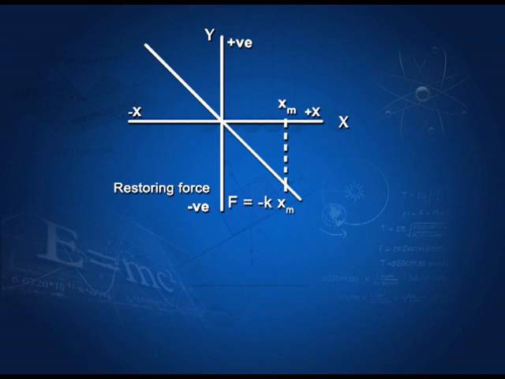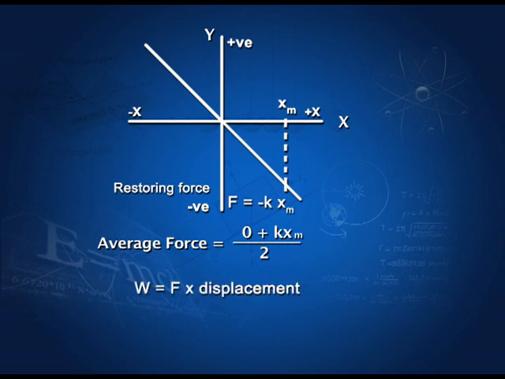Before, for this extension, 0, and what is the value here? k x_m. So, the average value of force becomes (0 plus k x_m) divided by 2. And how much work would be associated with it? Force into the displacement from our previous knowledge, and this would give us k x_m by 2 multiplied by x_m. This value is half k x_m square.